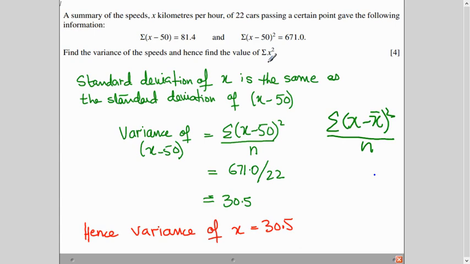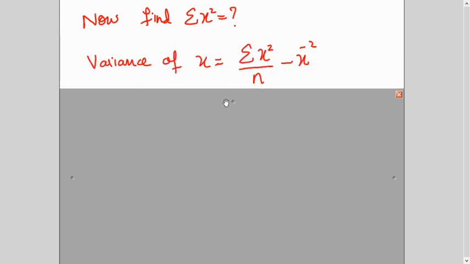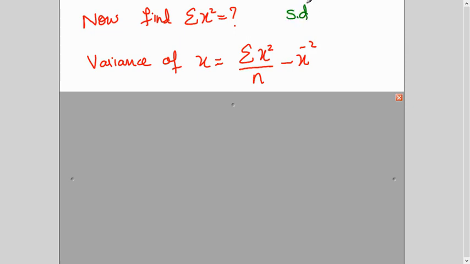Now we have to find sigma x square. To find sigma x square, you need to write down this formula, right? In the first slide I told you, standard deviation is equal to the square root of sigma x square over n minus mean square, right? And for variance, we square both sides. So that's why there is no square root, but the formula is the same, you can see. So this we have to find out.